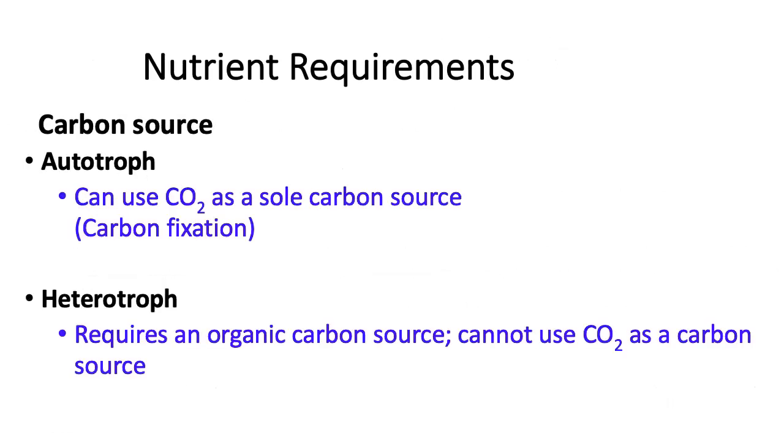Nutrient requirement. Apart from those environmental conditions, nutrient requirements are also critical for microorganisms to grow. Let's look at carbon source as a nutrient requirement. There are some microorganisms that are within the range of autotroph, and they can use carbon dioxide as a sole carbon source.